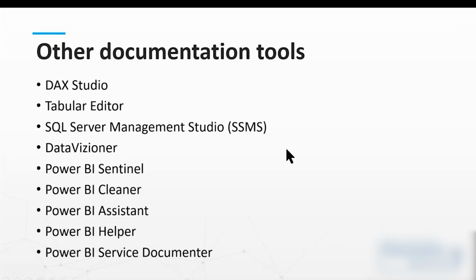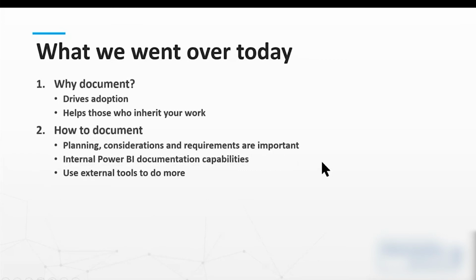So I just want to briefly go over what we talked about today. We discussed why we document: it drives adoption of your project and your model, and it helps those who inherit your work. In terms of how to document, we talked about how important planning is and some considerations you should look at before you start your documentation efforts.